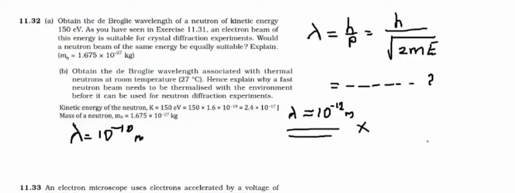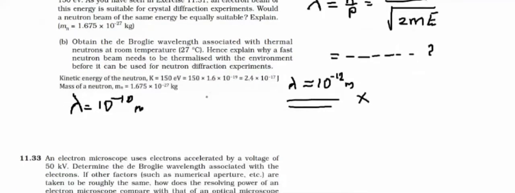Then come to part B. Obtain the de Broglie wavelength associated with thermal neutrons at room temperature, that is 27 degrees Celsius. Hence explain why a fast neutron beam needs to be thermalized with the environment before it can be used in neutron diffraction experiments. Again we have to use the same formula: lambda is equal to h divided by under root 2mE.